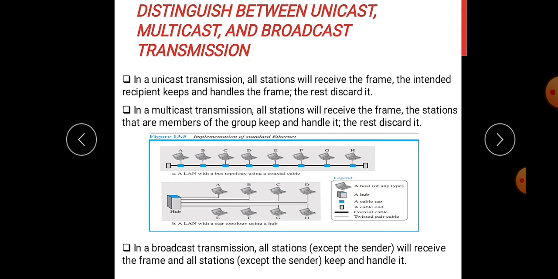How the station becomes sure of this is a subject we will discuss later. The medium sensing does not stop after station A has started sending the frame. So station A needs to send and receive continuously.